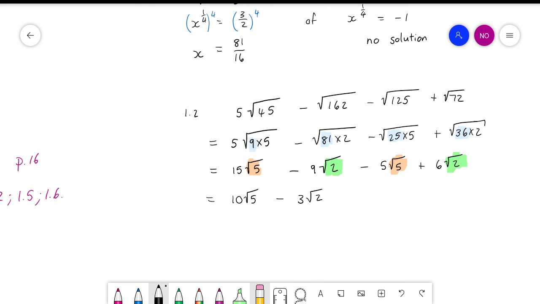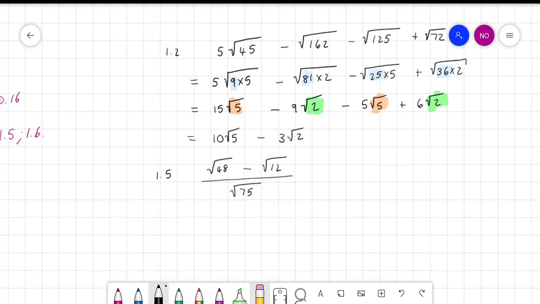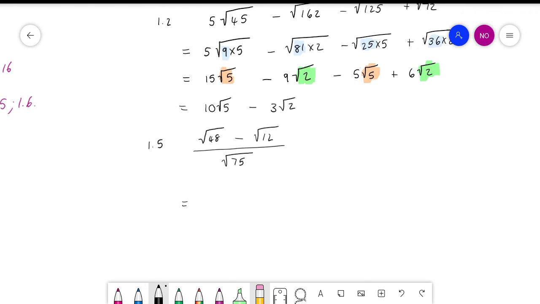Next one up, 1.5. Okay, what perfect square can I get out there? 16 times 3.